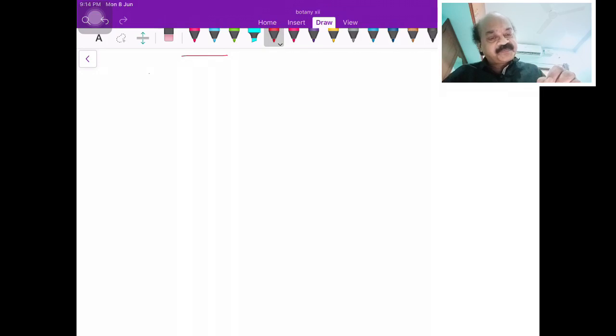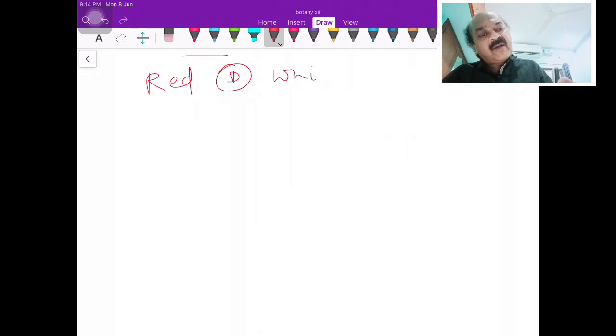According to him, as far as eye color is concerned, red is dominant over white. That's the first point.